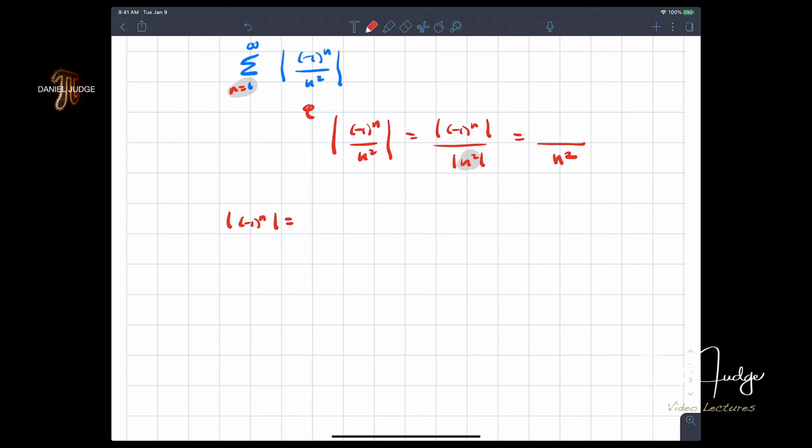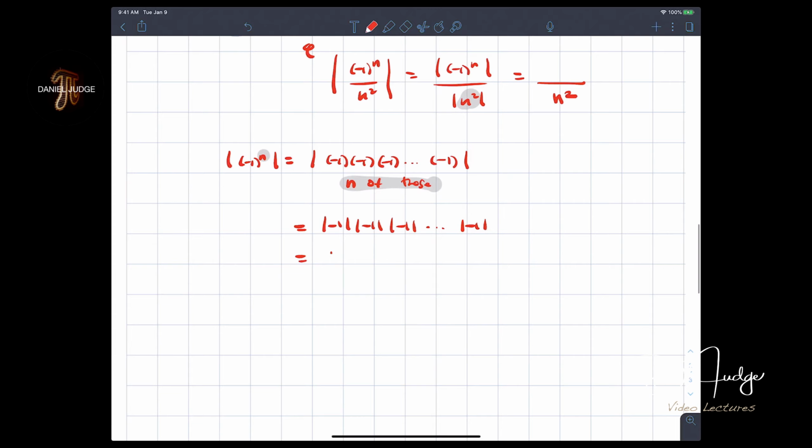What this means by definition is you have -1 times -1 times -1, and you have really n of these, because of the exponent, and the product rule for absolute value. And yes, again, you have n of these as well. And you guys know that this is really 1 times 1 times 1, n of these, which is 1.